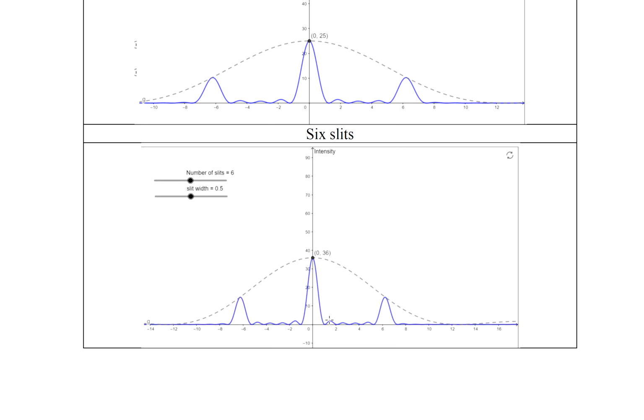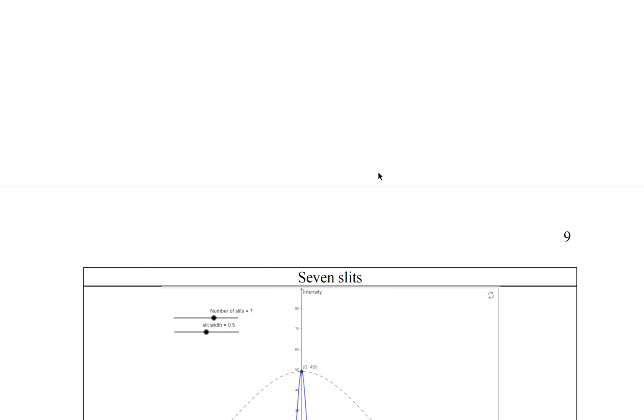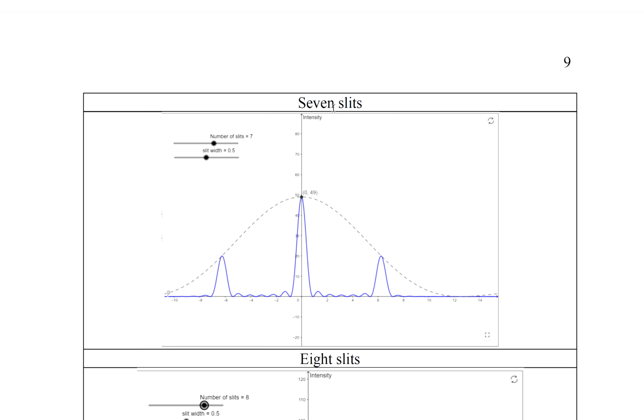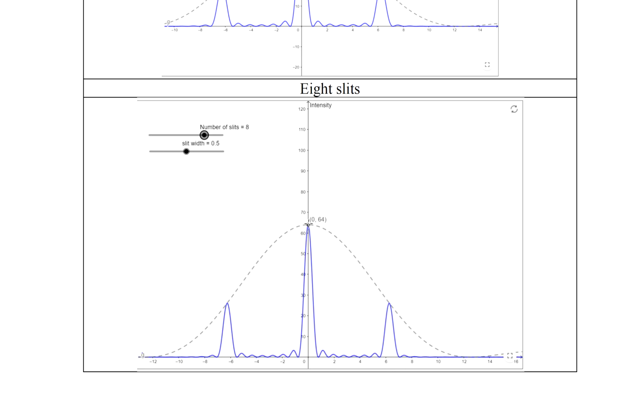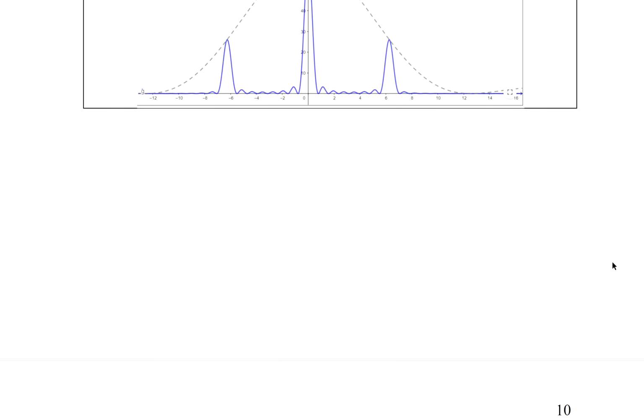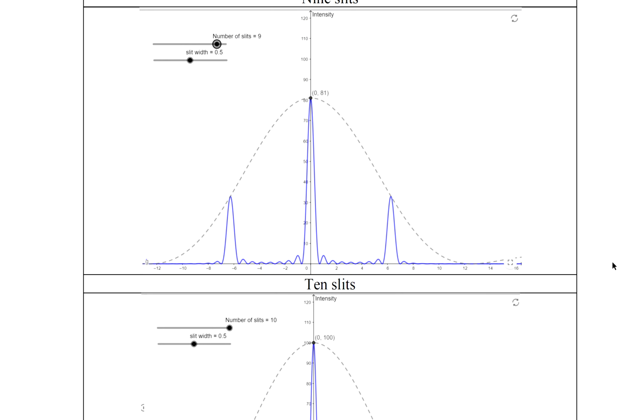For 6 slits, we have 4 secondary maxima. So like 6 minus 2 is 4. For 7 slits, 7 minus 2 is 5. So we have 5 secondary maxima. For 8 slits, we have 8 minus 2, which is 6 secondary maxima. So 9 minus 2 is 7 secondary maxima between the two primary maxima.